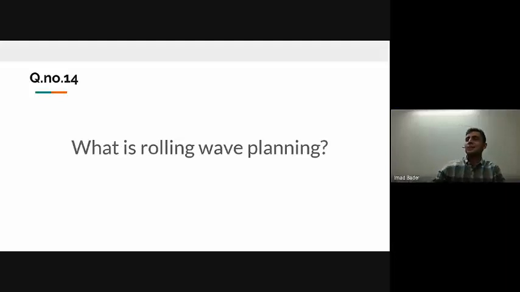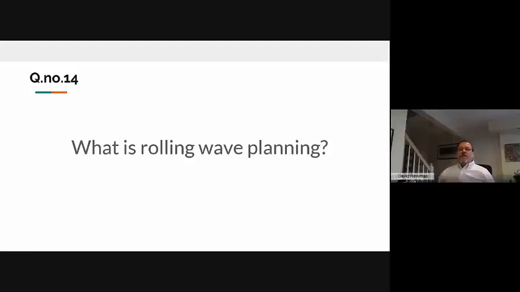Number 14, what is rolling wave planning, David? Yeah, rolling wave planning. I'd be looking for them to use the words progressive elaboration. Rolling wave planning means that we are planning the project in large chunks and then detailing out the requirements as we move forward and learn more about the project itself.